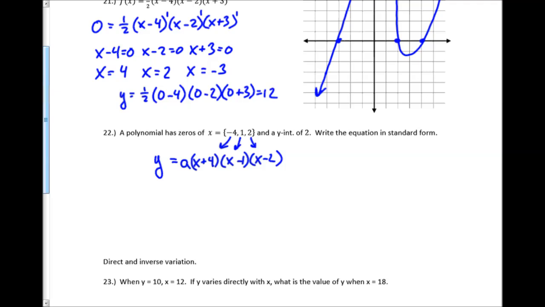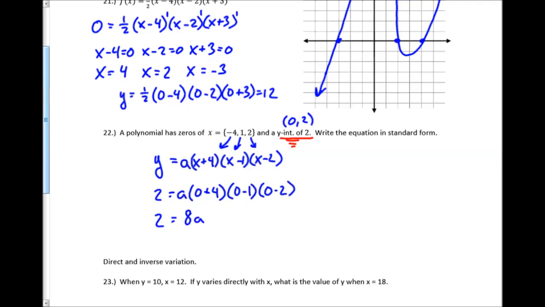And that's where the y-intercept comes in. That's going to help me narrow this thing down. In other words, this is the ordered pair (0, 2). I should get a 2 out here when I plug zero in for x. So when I do this, over here I've got 4 times -1 times -2, which is going to give me a positive 8.